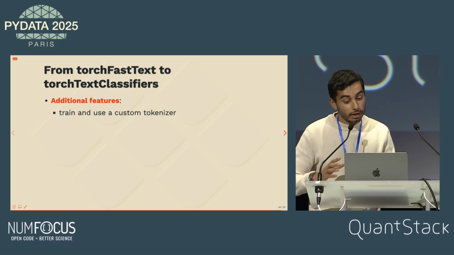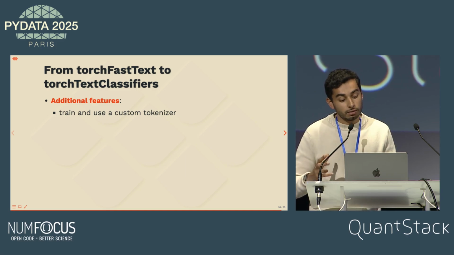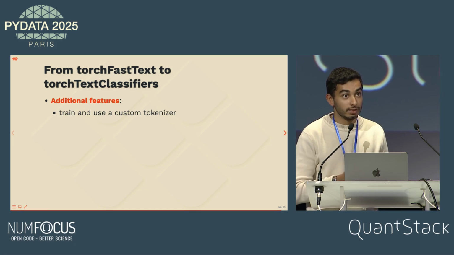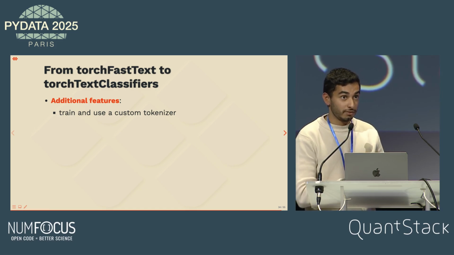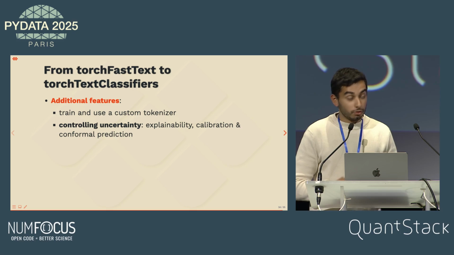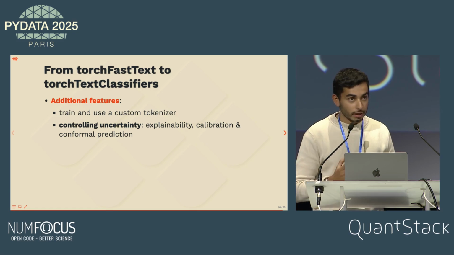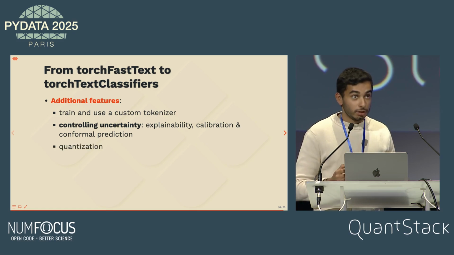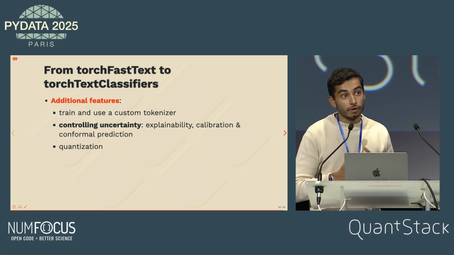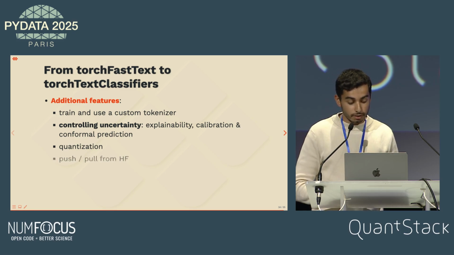For instance, for all the tokenizers that are available on Hugging Face, we want to offer the ability to train really easily a new tokenizer on your specific data, to control uncertainty using tools such as conformal prediction, explainability, as we showed just before, or calibration, quantization of your model for faster inference.